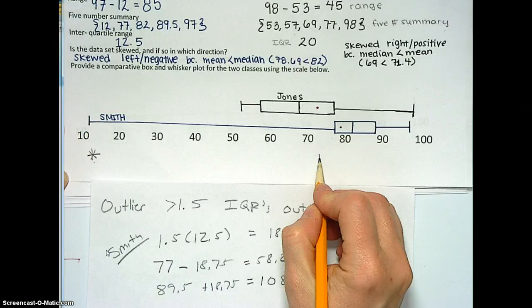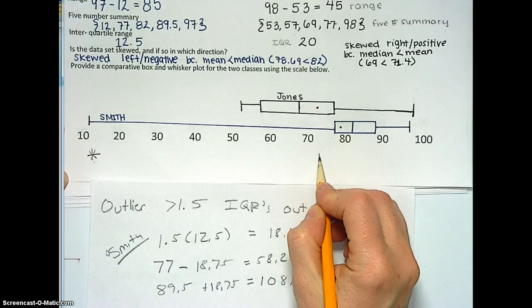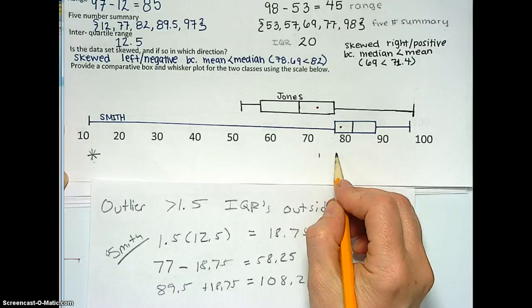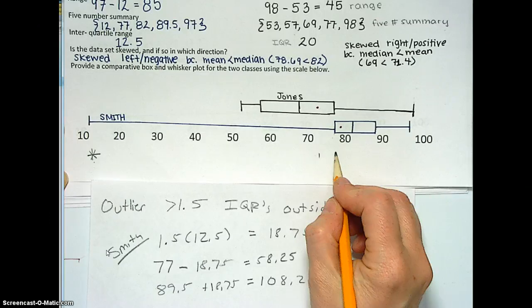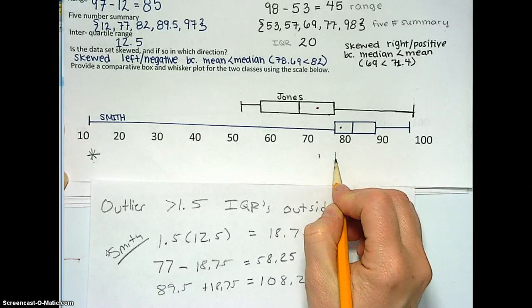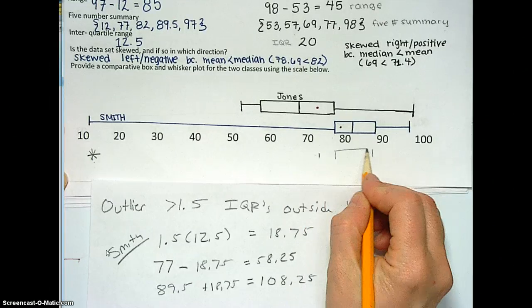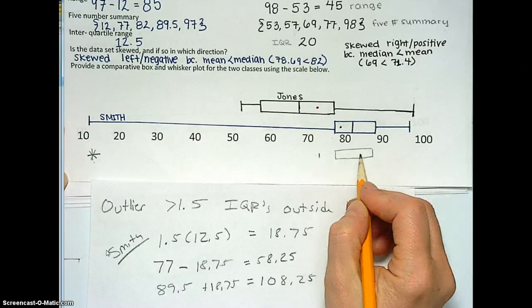Here's the 74, and then the first quartile will be 78.5, which is right inside the box now. So 78.5 would be here, and then it goes to 89.5, and the median would now be an 83.5.